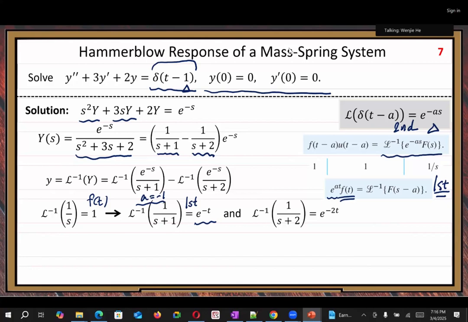Then the second term, you also do a similar thing, but your a equals negative 2. Then the numerator e terms, you put them back, so you need to apply the second shifting theorem.